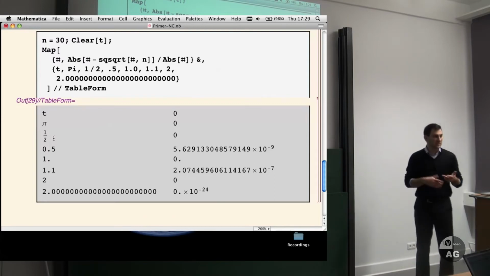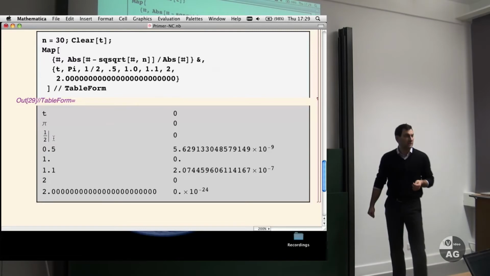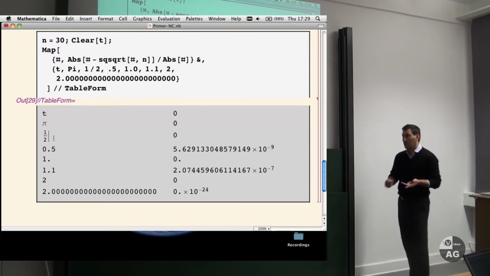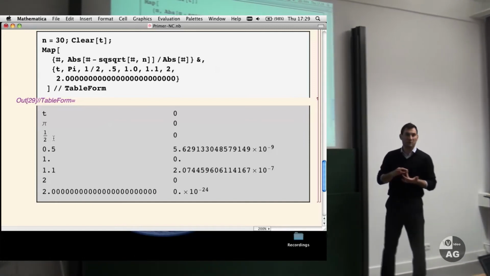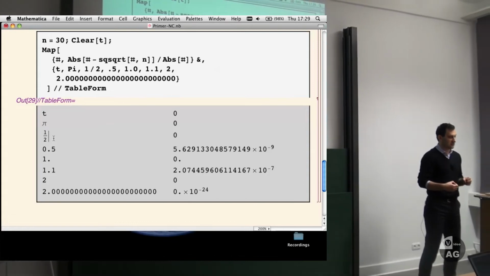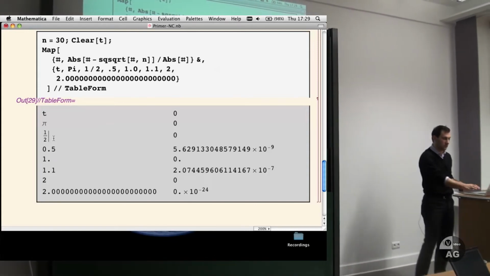Second mode is the standard floating point arithmetic as the IEEE dictates. And the third mode is the extended precision, not extended precision as in we have quads, extended precision as in we have as many digits as we tell Mathematica to use.